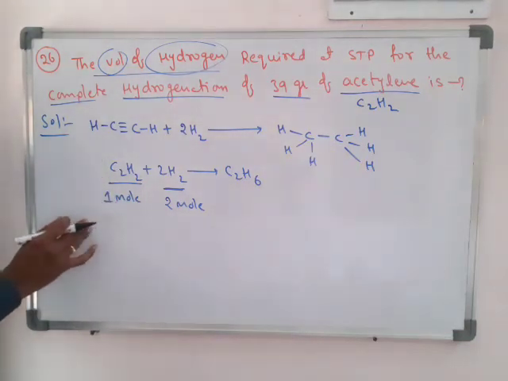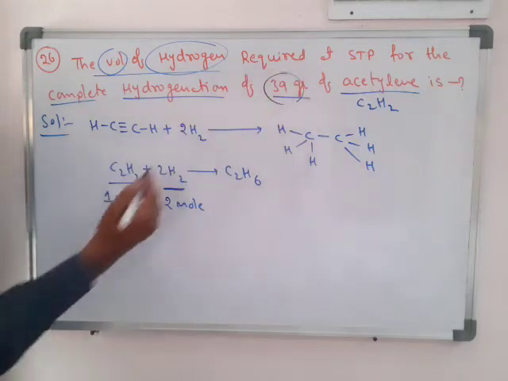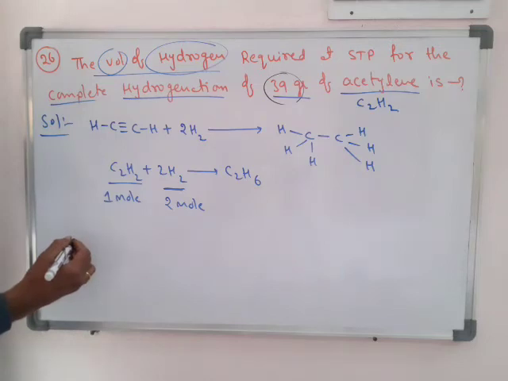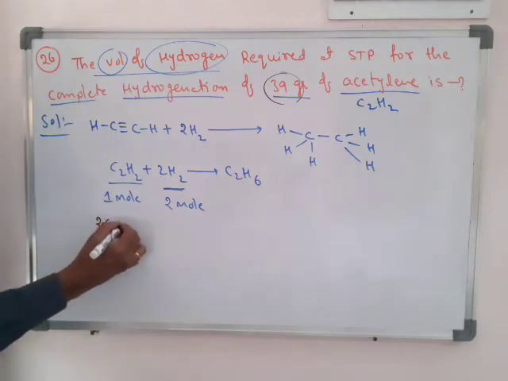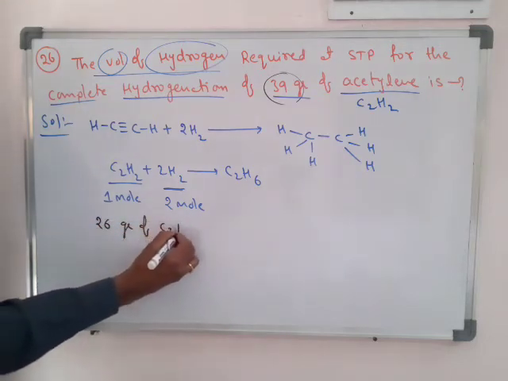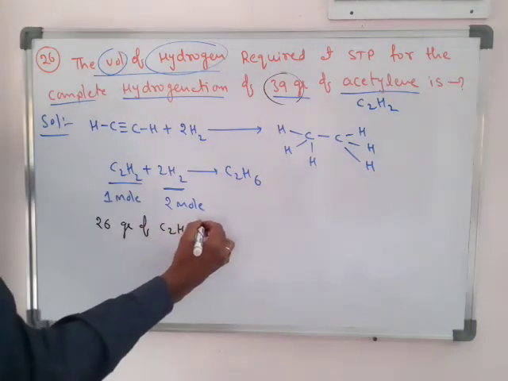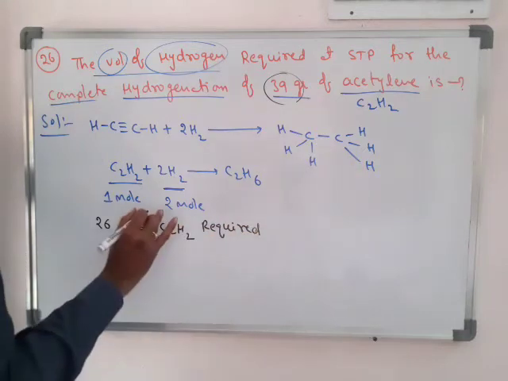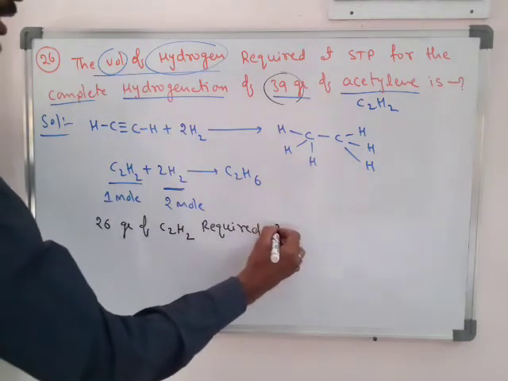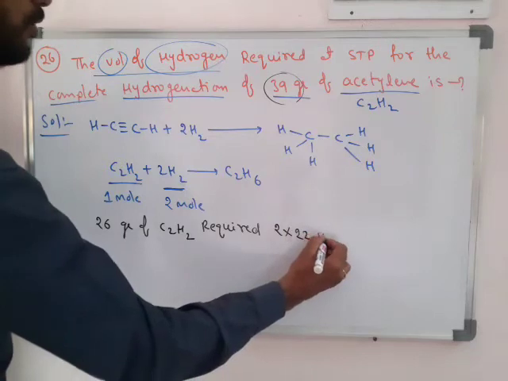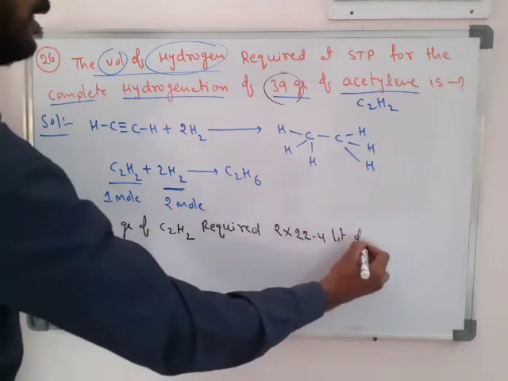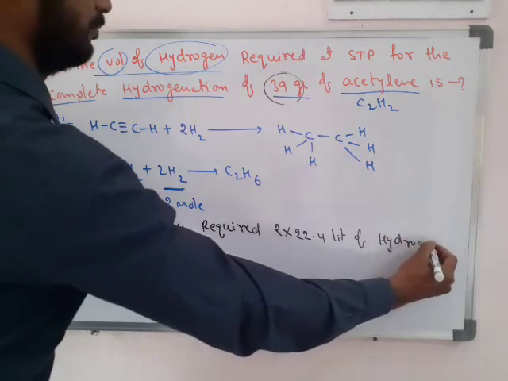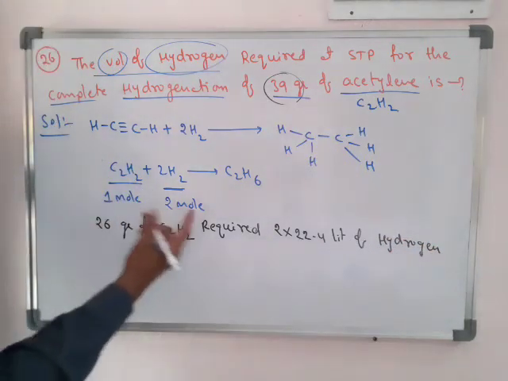Acetylene must be in terms of grams. Okay, this is 26. 26 grams of acetylene requires 2 moles, in terms of volume, 2 into 22.4 liters of hydrogen for complete hydrogenation.